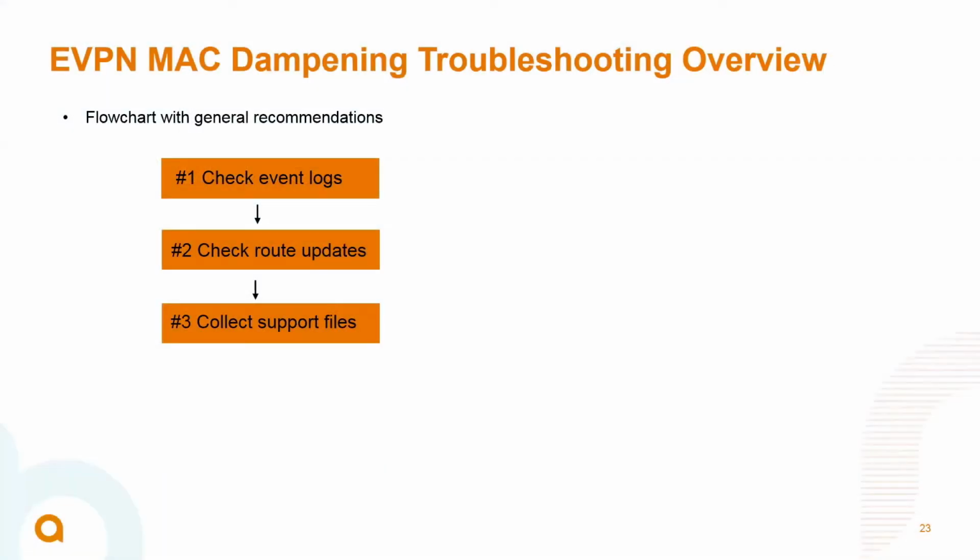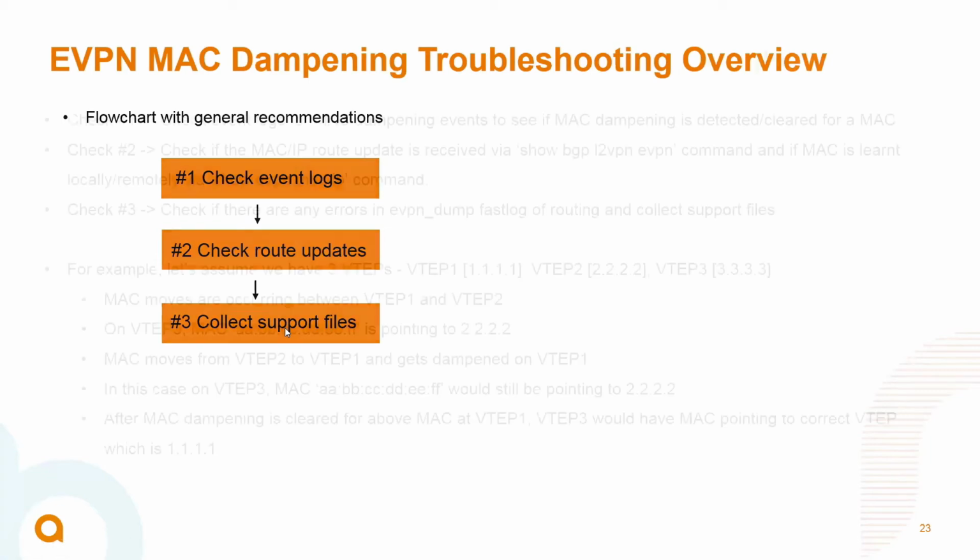Troubleshooting. First would be to check our event logs, because we print out the events for detection and dampening and the clearing of the MAC dampening, and check for route updates, what kind of routes have been received by the device, whether it is a local route or a remote route, and then collect the support files.